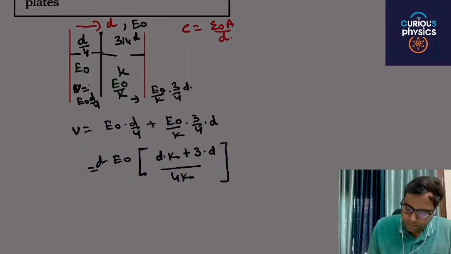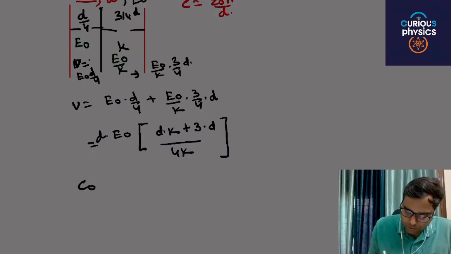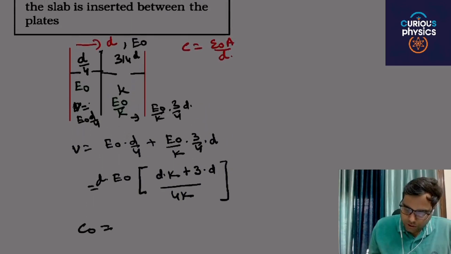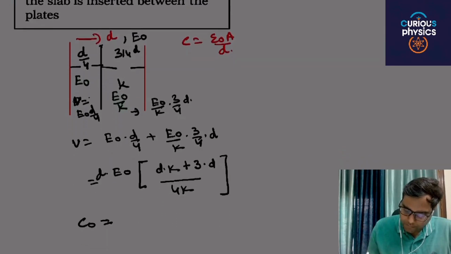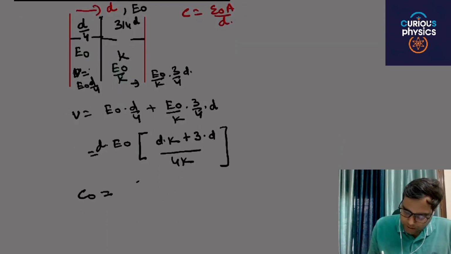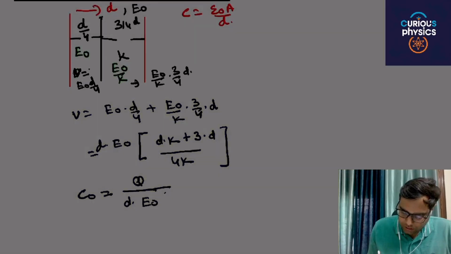Capacitance will be charge divided by this potential, that is, Q divided by E naught D into (K plus 3) divided by 4K.